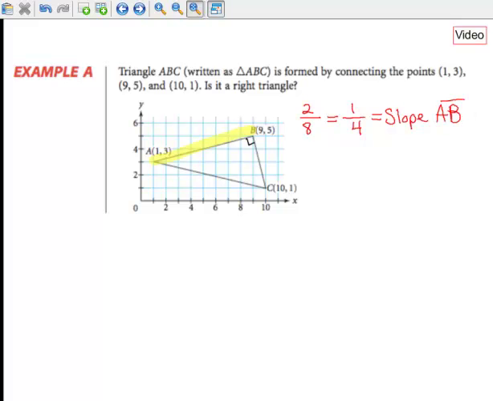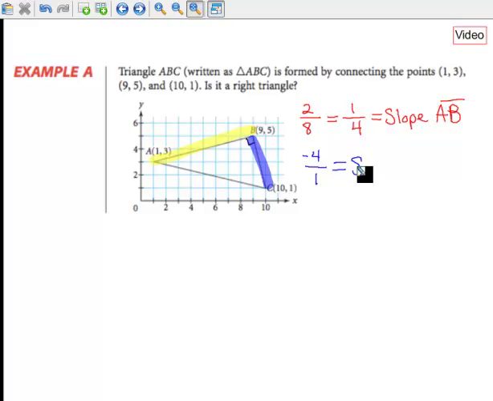Next, let's talk about the line BC, which goes from (9, 5) to (10, 1). So here we rise from 5 to 1, so we rise a -4. We run from 9 to 10, so a +1.